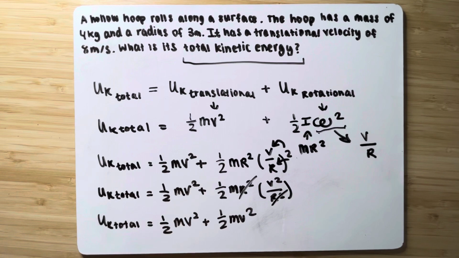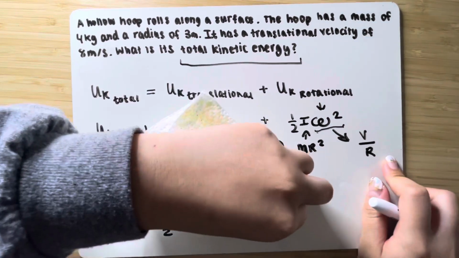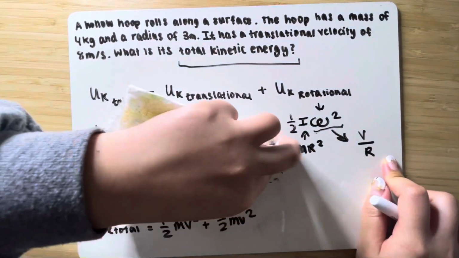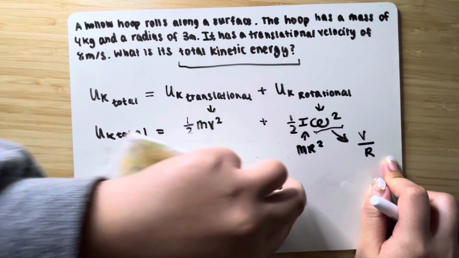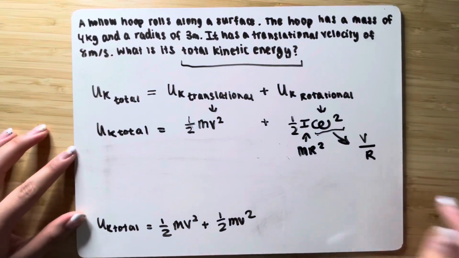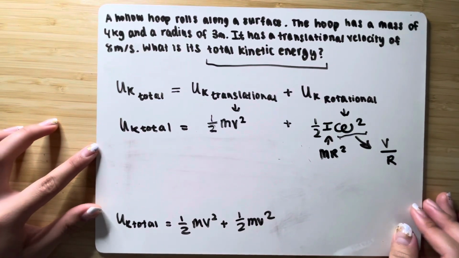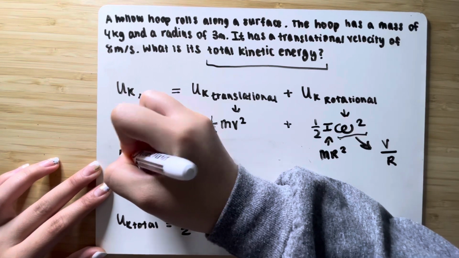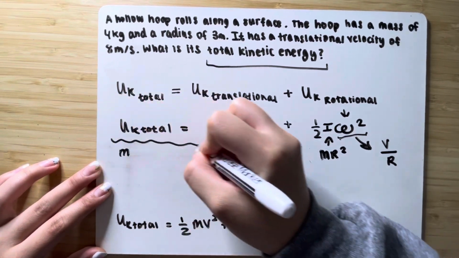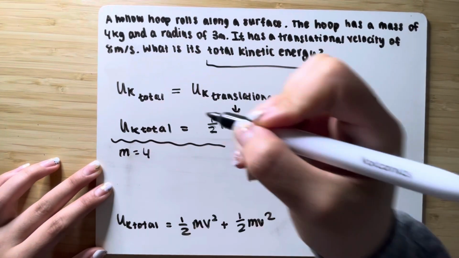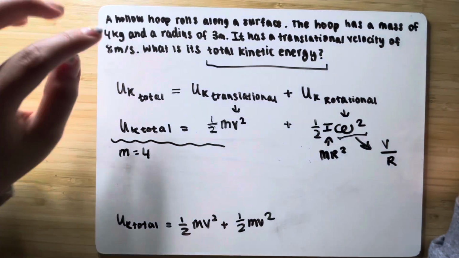Okay, now is where it gets exciting. So I'm just gonna remove this to create more space. Now we write in what we know. We know that mass is equal to 4 kilograms.